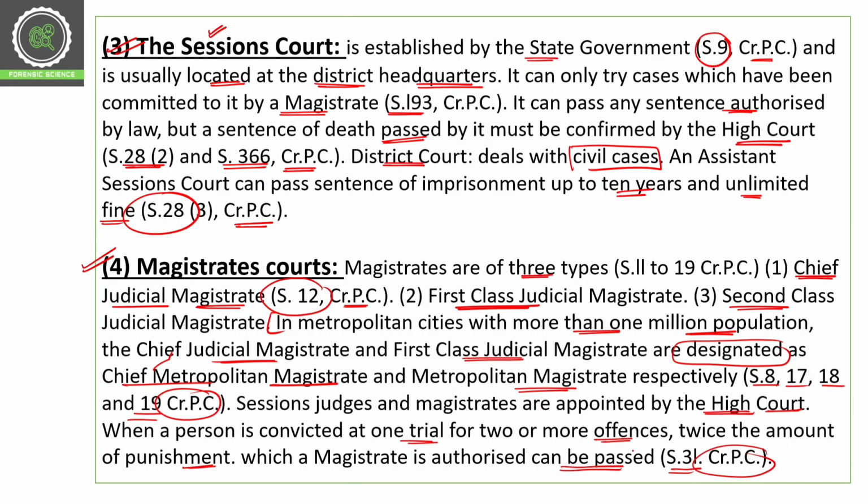So if someone is committing crimes again and again, and in one trial there are two or more offences, then the punishment can be twice, authorized by the magistrate under section 31 of CrPC.